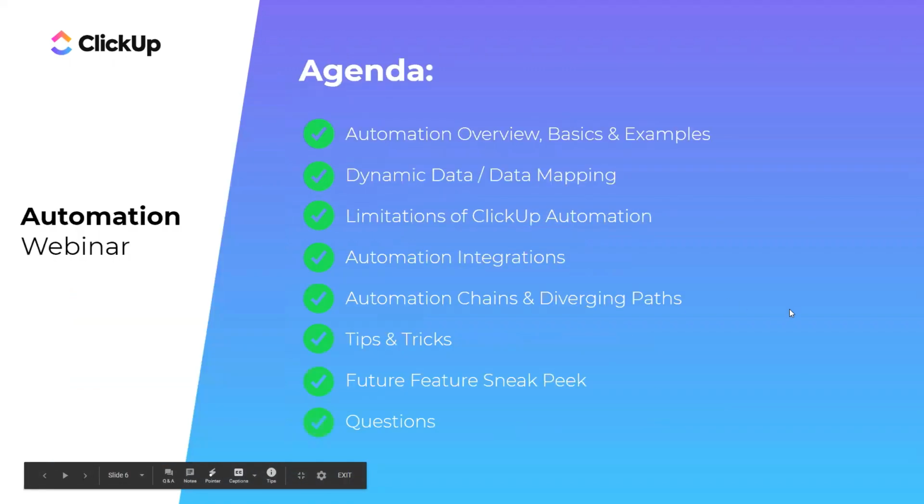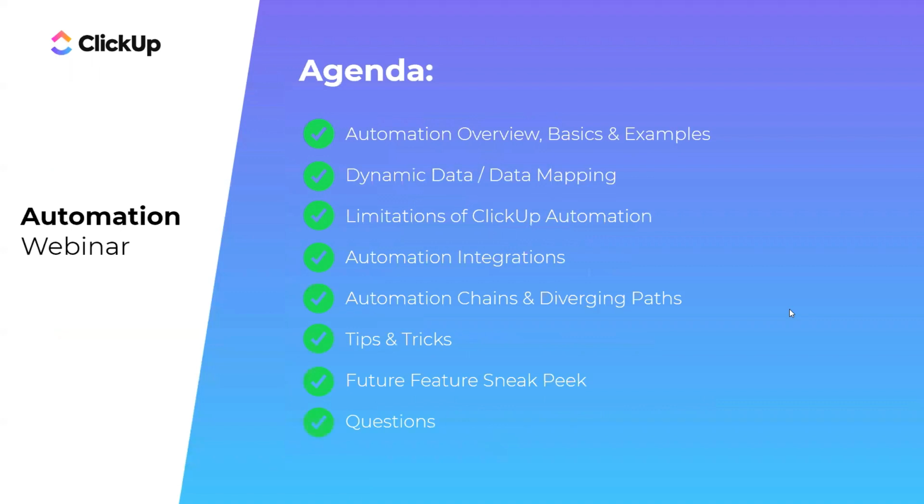Okay, our agenda for today. We're going to be going over, first of all, an overview with the basics and examples. Then we're going to go into dynamic data and data mapping, which is a new feature. We're going to talk about the limitations of ClickUp automation and what to do to sometimes get around those limitations. We're going to look at automation integrations.